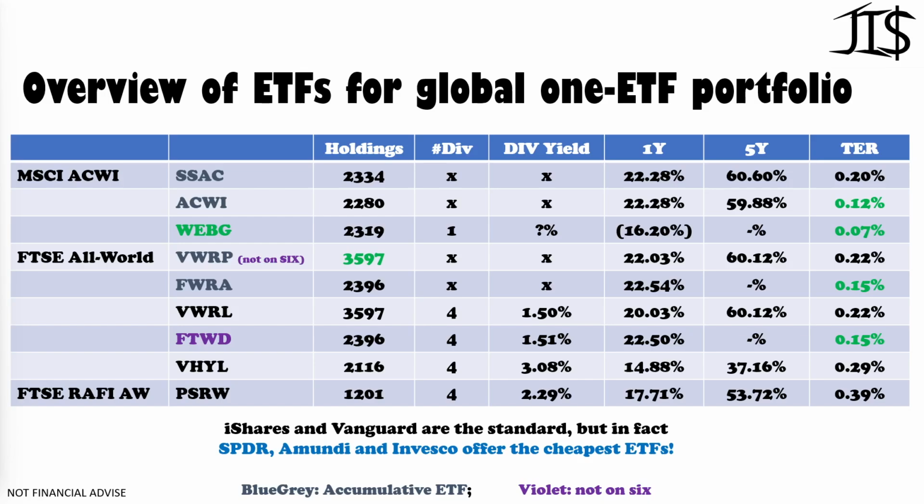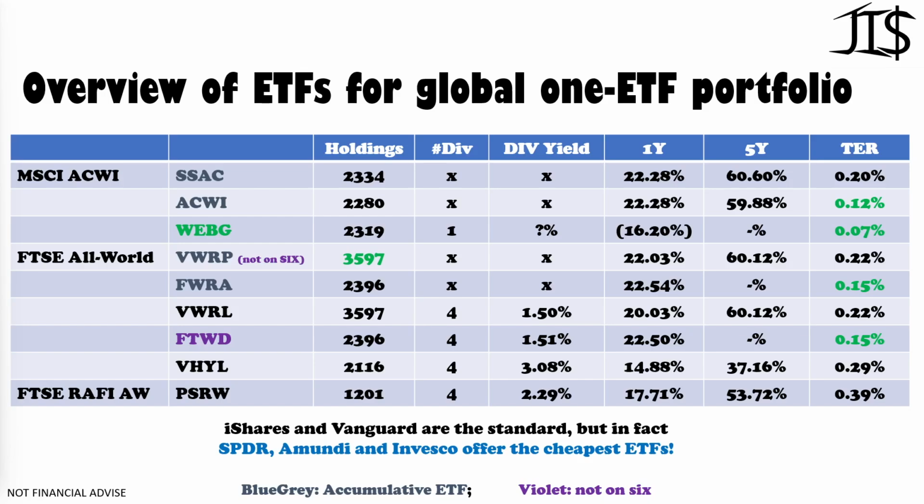And the Spider, Amundi, and Invesco are actually going beyond the bigger suppliers of ETFs here in Europe. So when you look at ETFs, certainly don't forget to also check out other providers like SPDR, Amundi, and Invesco.